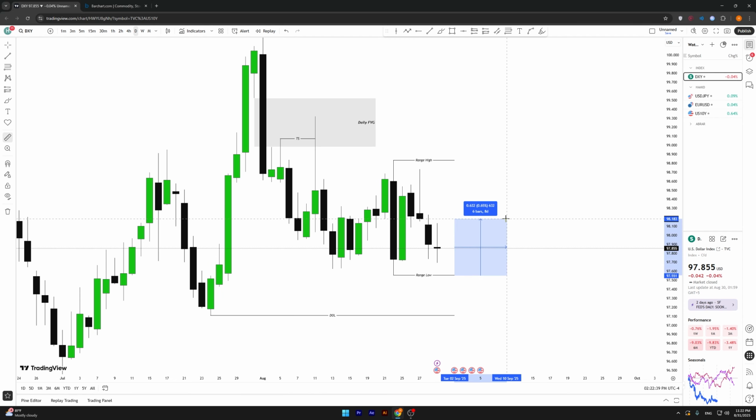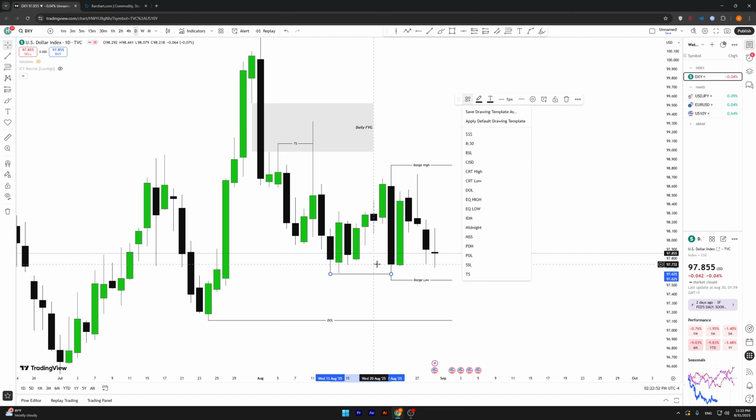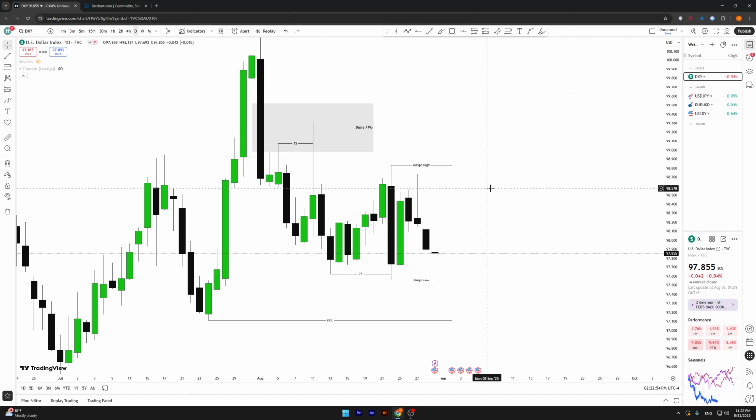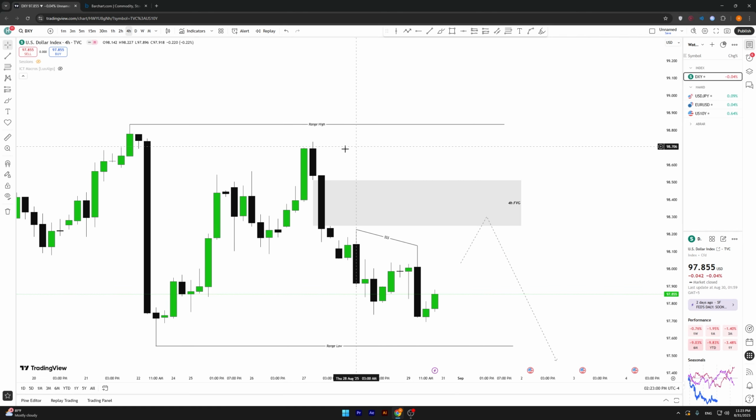This is range low and this is range high. First price cleared out this buy side liquidity, and then this sell side liquidity, price created a turtle soup. So then price released to the upside and respected this zone in 4 hour time frame. As you can see, extreme point, which is the order block, and then dumped to the downside.